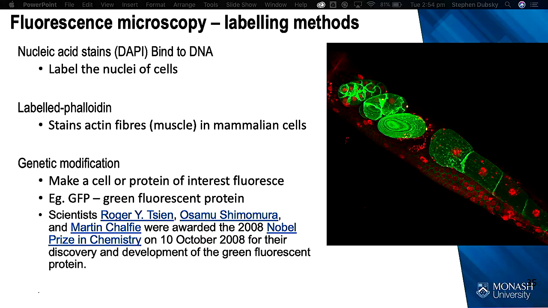And one of the big things is what's called GFP, green fluorescent protein. This comes from fluorescent jellyfish. What this allows me to do is tag my sample to fluoresce green when a certain gene is expressed.